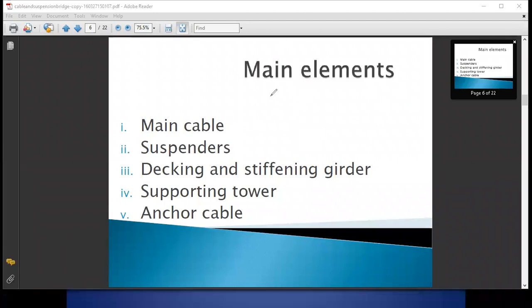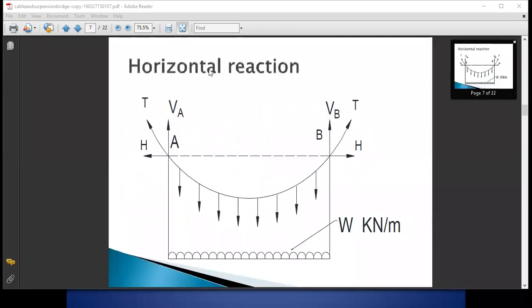Yes, sir. Right. So these are the main elements. Now we will discuss finding out the tensile force in that particular suspension cable, then shape of cables, etc. So if you see this suspension cable, this is your deck slab which is subjected to the load in terms of UDL, that is w kN per meter.